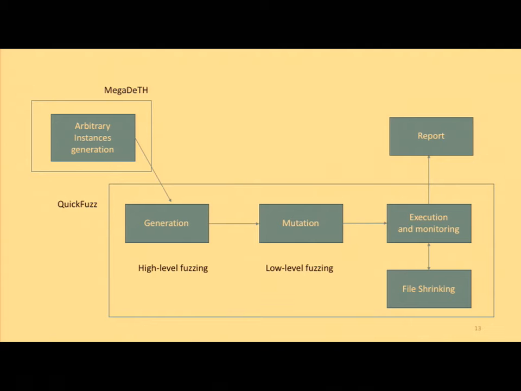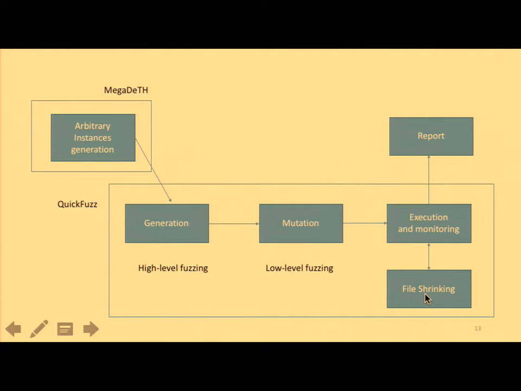So this is sort of the more elaborate pipeline that we have for QuickFuzz. We have this extra step before that generates the arbitrary instances that we're going to use. We call that Megadeth, and then we feed that to the previous pipeline that I explained, and I added some things here. So to the right, we have this file shrinking step, pretty much like we are used to in QuickCheck.